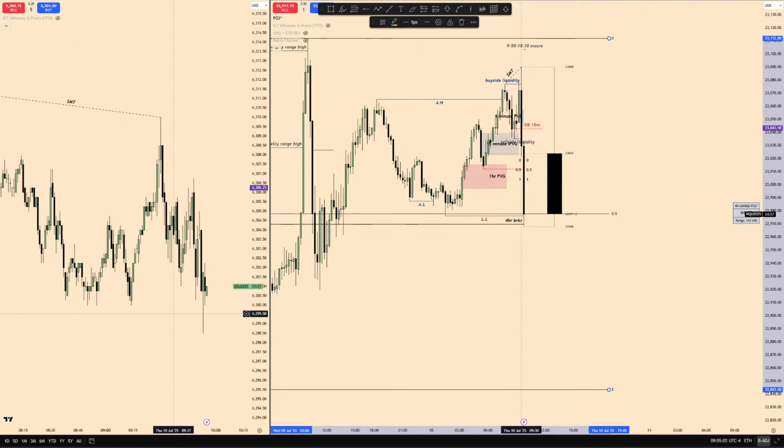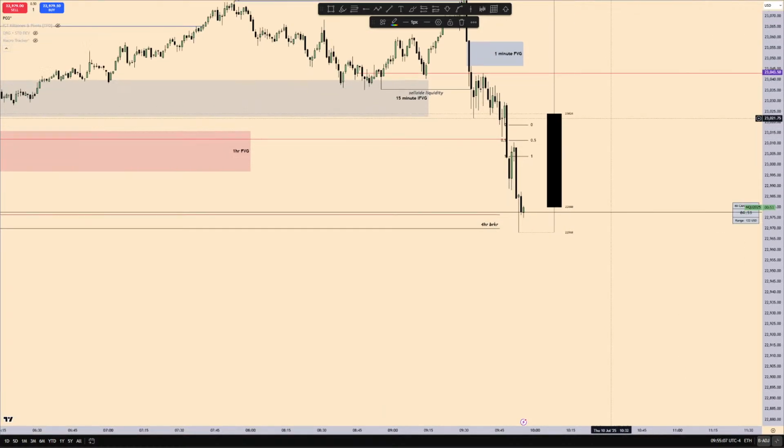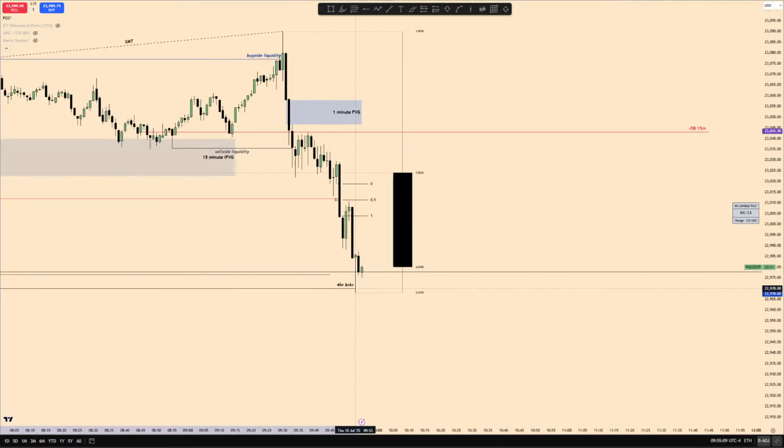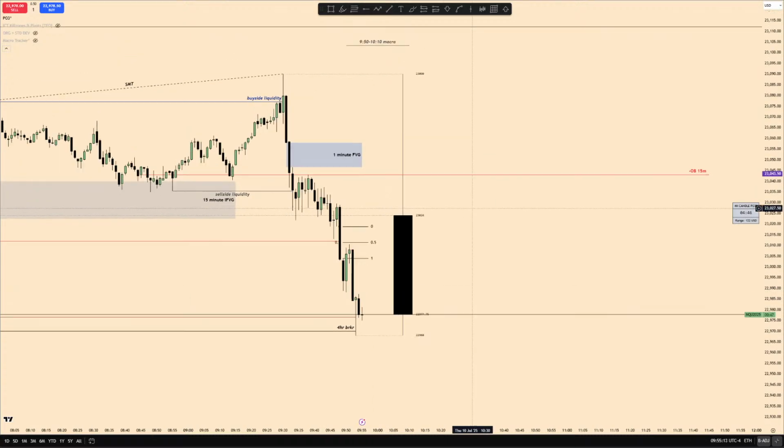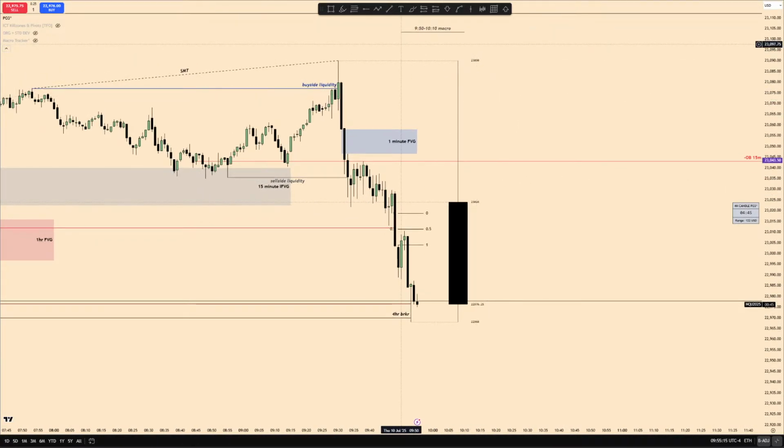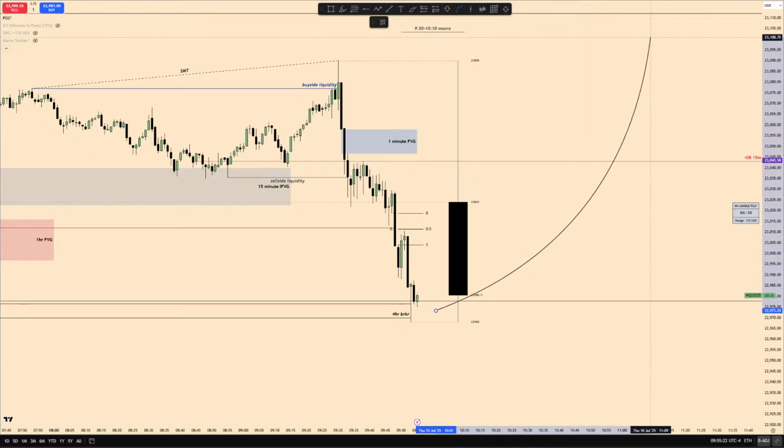And ES and NQ are holding their ground up in the premium. It's setting the stage right now. We are within this 950 to 1010 macro, so interested in that would be a good play.